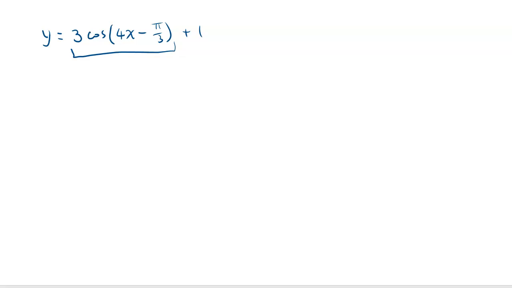Okay, so first set 4x minus pi over 3 equals 0 and also equals 2 pi, and we can take midpoints, right? And this one gives you 4x equals pi over 3, and that gives you x equals pi over 12. Okay, that's our phase shift. And then 4x minus pi over 3 is 2 pi.